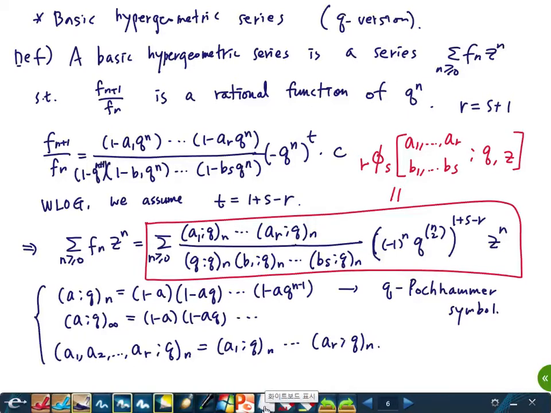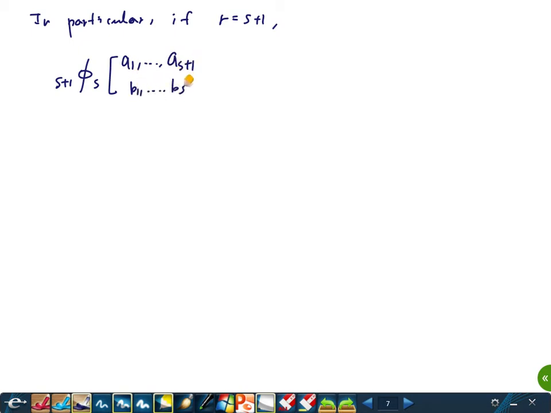So in particular, if R equals S plus 1, then S plus 1 phi S, A1 through A S plus 1, B1 through BS, Q and Z is equal to the summation over n, using the previous notation, A1 through A S plus 1, Q n.